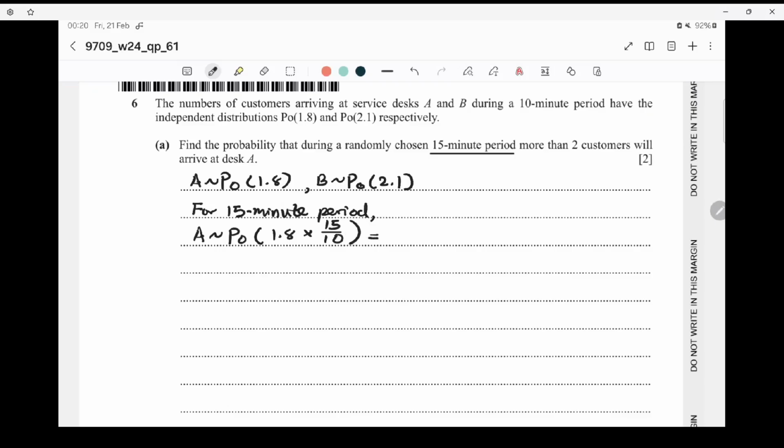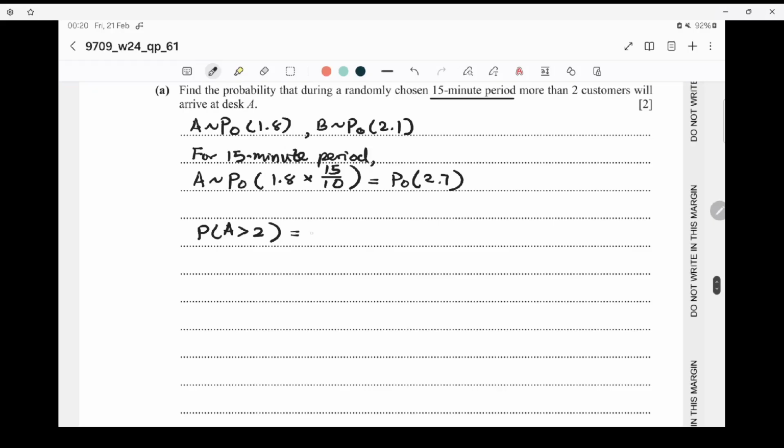So that will be 2.7. So now you need to find P(A more than 2 customers). That will be equal to 1 minus P(A smaller or equal to 2).